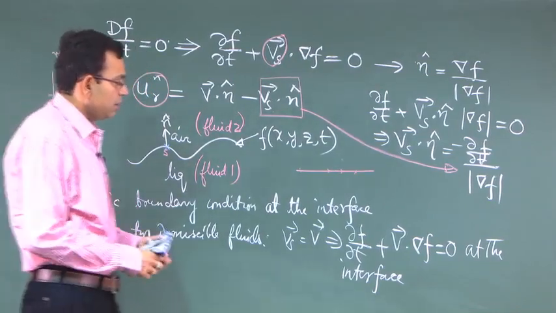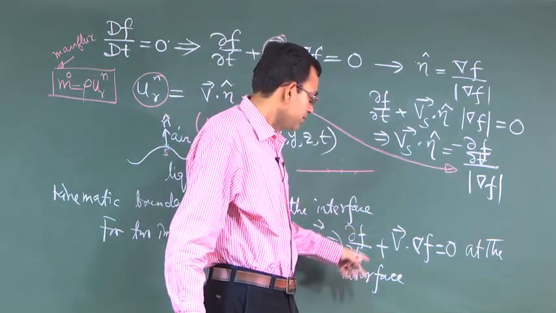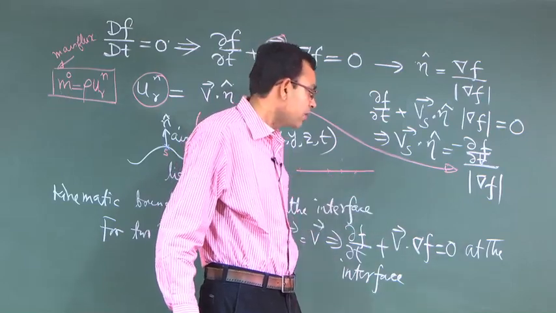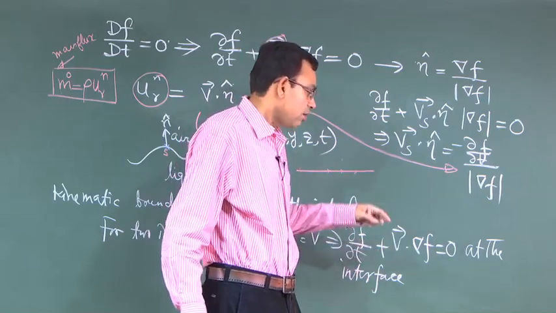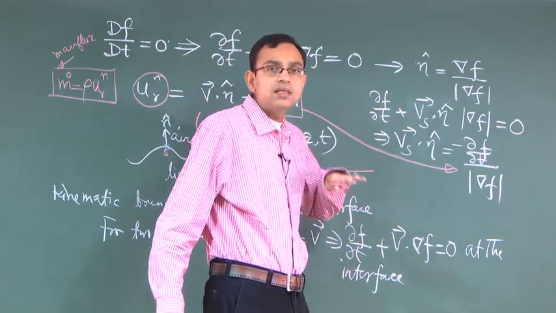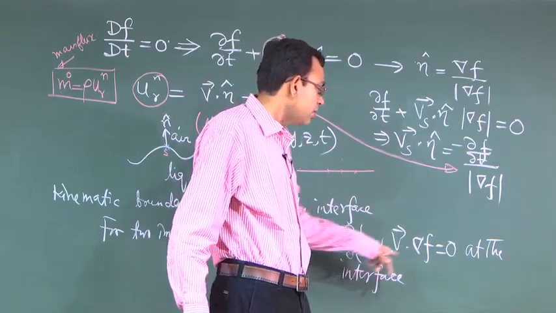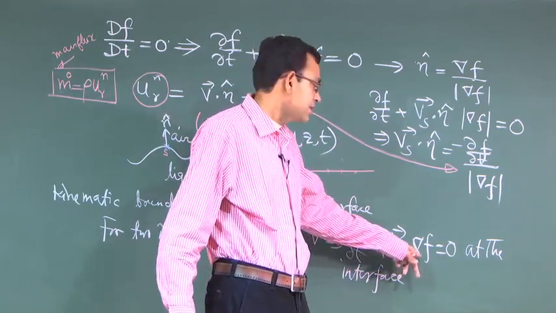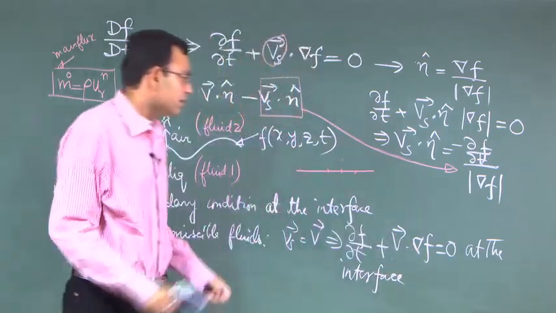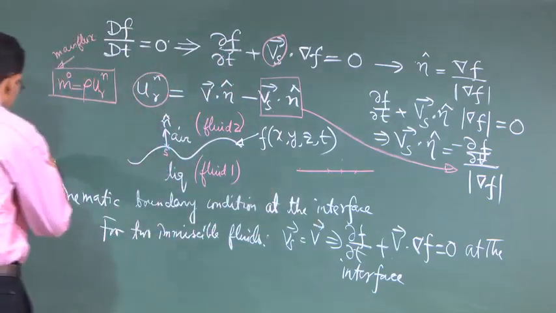So, for a flat solid boundary, or for a solid boundary that is not dynamically evolving with time, or in other words for any boundary which does not evolve with time and space, you have del F del T equal to 0 and grad F equal to 0. Let me write it in a different way.